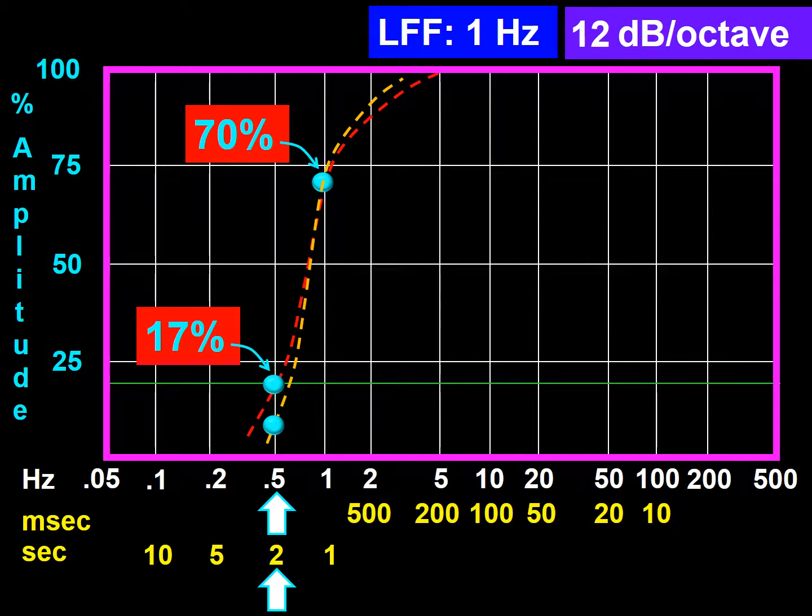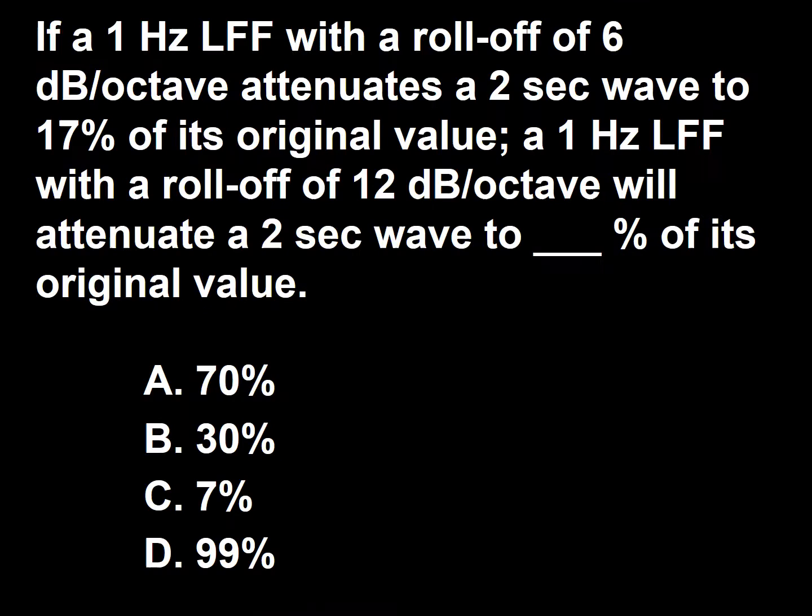In this frame, I have indicated its value by placing an aqua dot at the intersection of the caramel dashed line and the 2 second wave, which in this case corresponds to about 7%. So the answer to this question is C.